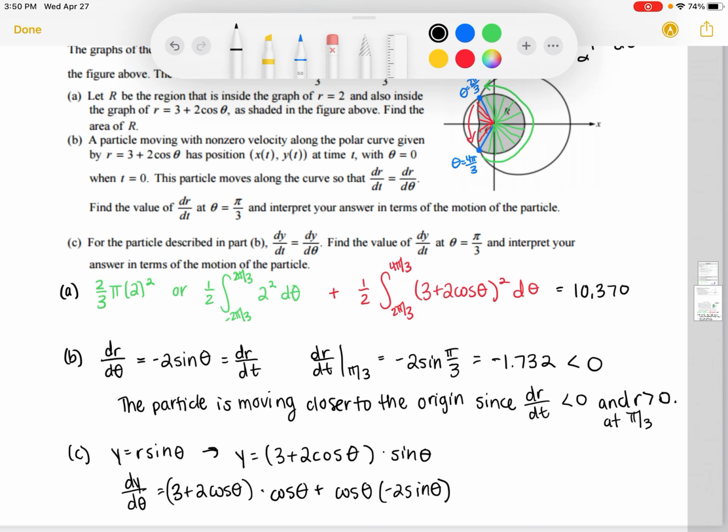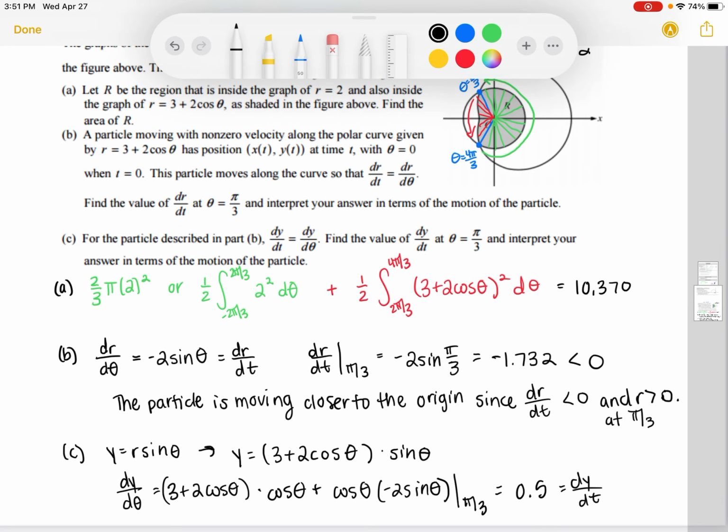And then you would plug in pi over 3, and that equals 0.5, which equals dy dt, since dy d theta equals dy dt. And then what does this mean? I'm going to have to squeeze this in. So this is greater than 0.